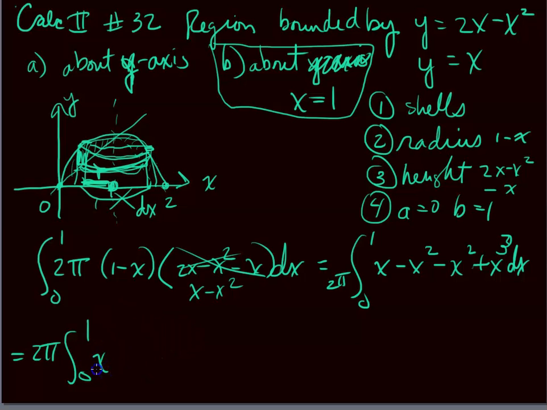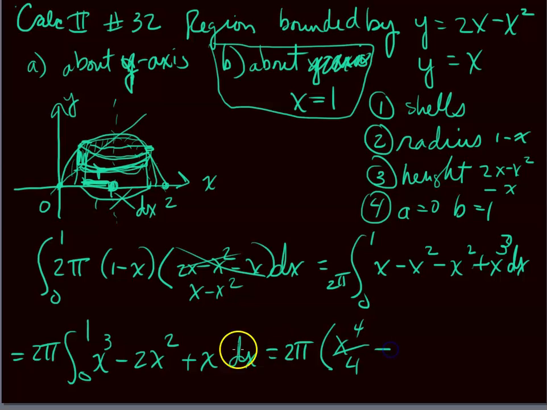Let's put this in order. x cubed minus 2x squared plus x dx. I'm going to run out of room again. Add 1 to the exponent, x to the 4th over 4, minus, add 1 to the exponent, 2x cubed over 3, plus, add 1 to the exponent, x squared over 2, evaluated from 0 to 1.